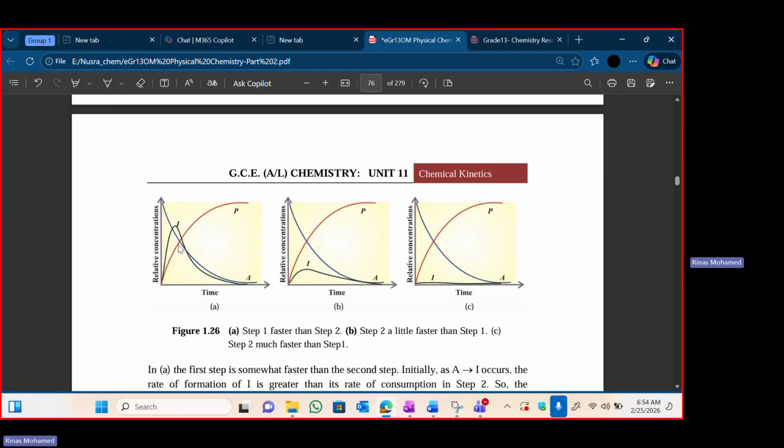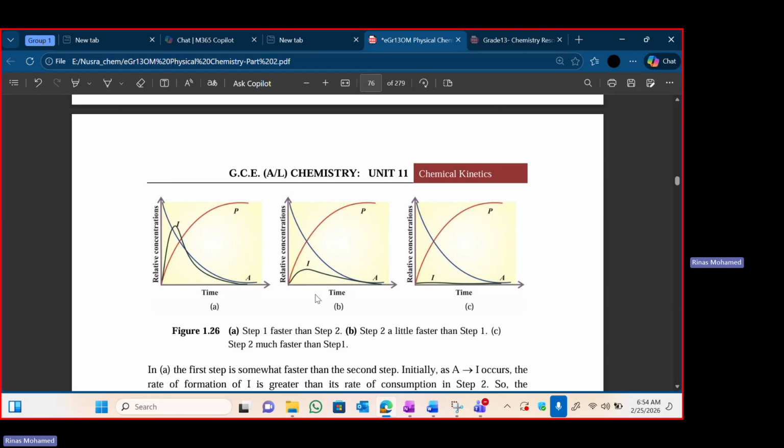But if the first step of the reaction mechanism is very fast, and the second one is the RDS, then a much higher concentration of intermediate can be seen, so the intermediate concentration quickly rises, and after a while it will decrease.